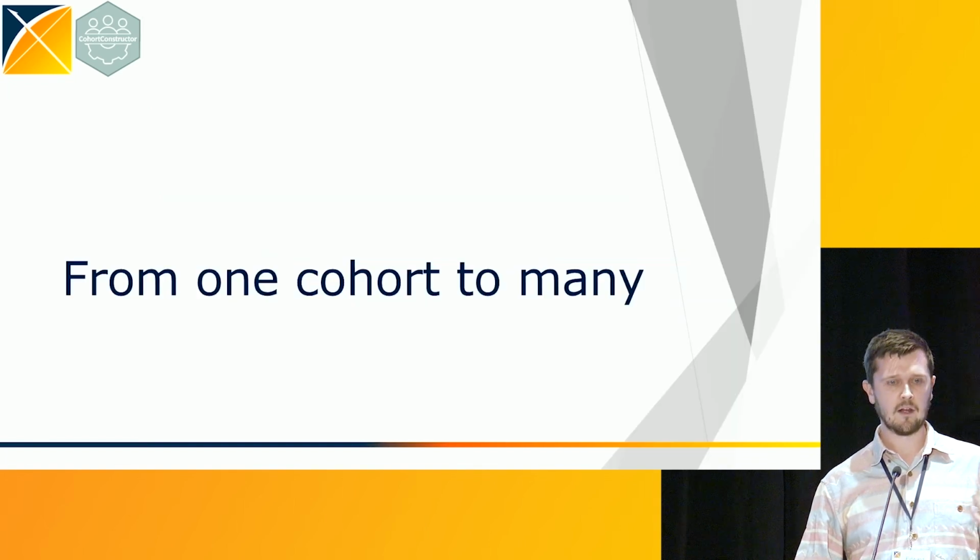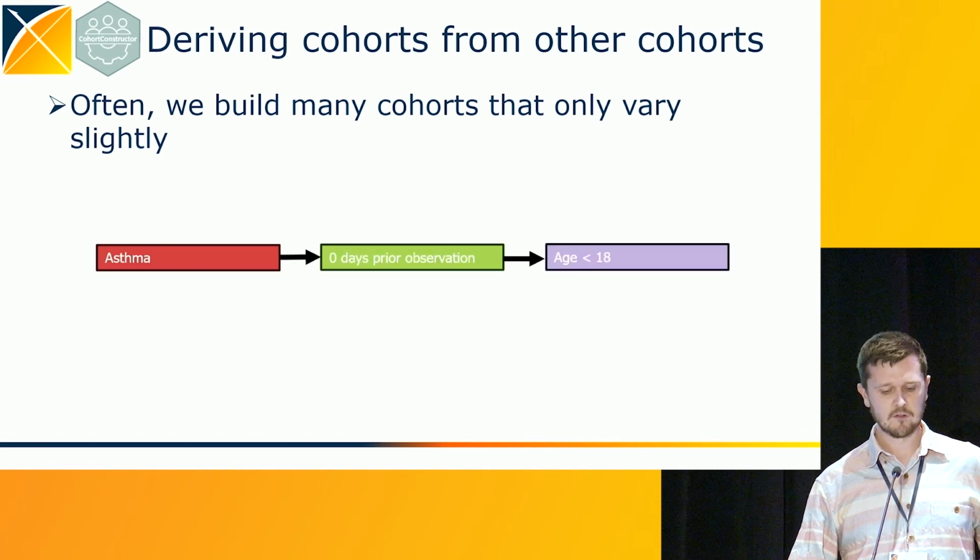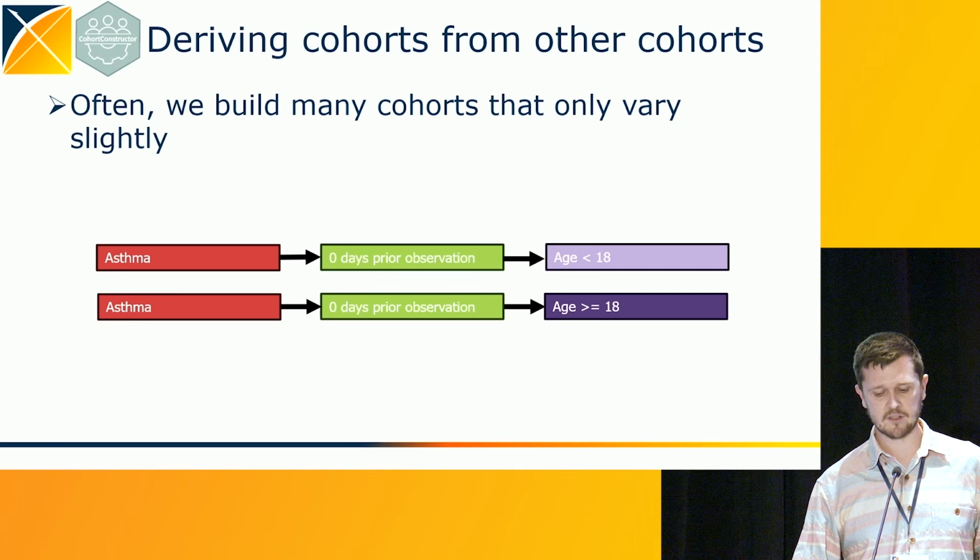CohortConstructor also facilitates going from one cohort to many. We often build many cohorts in studies that only vary slightly. So we might have an asthma cohort where we have a requirement of 0 prior days observation and age under 18. We might have another cohort definition where the only thing we change is that people are required to be 18 or over.